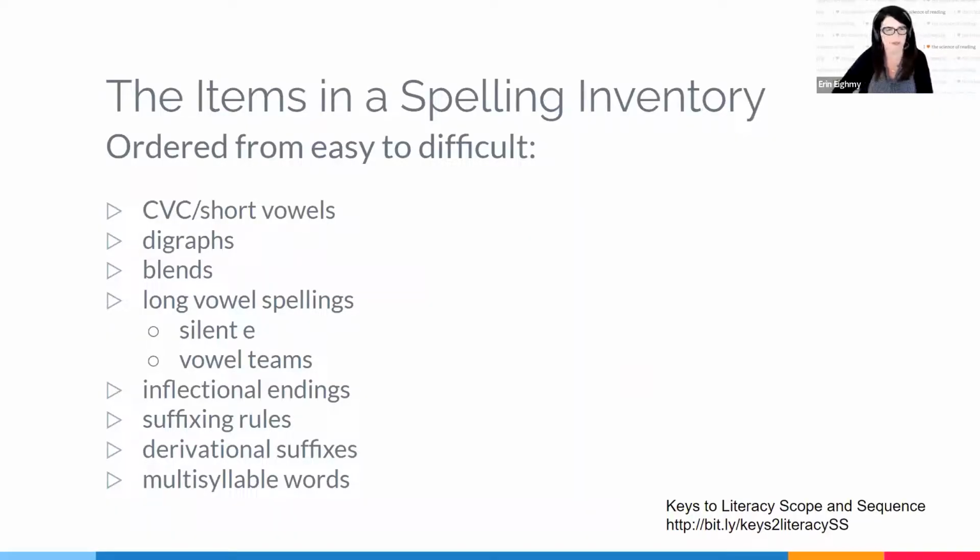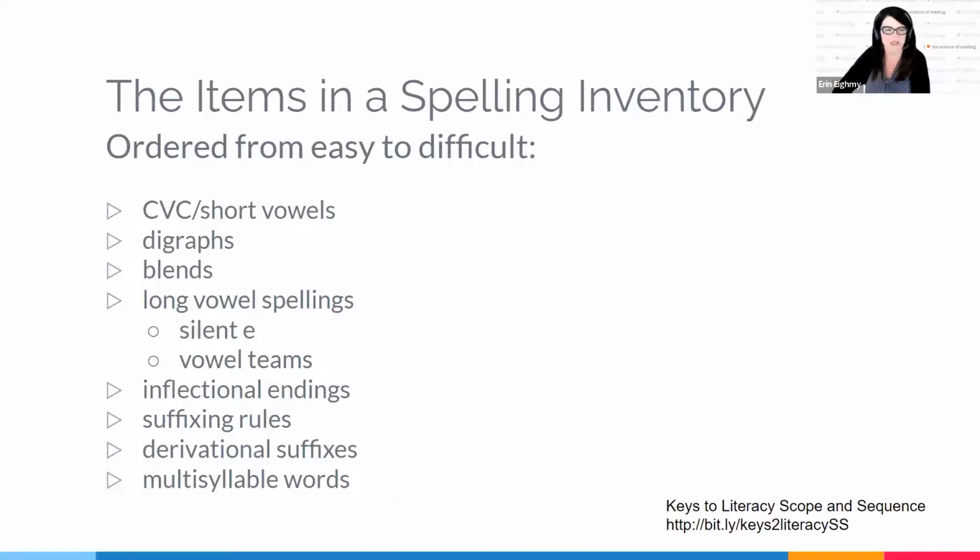They're usually built from easy to difficult, starting out with a section of CVC words with short vowels and consonants, getting into more complex syllable structures with multiple sounds, digraphs, blends, and then into more complicated spelling patterns, long vowel spellings, and then morphology as well.